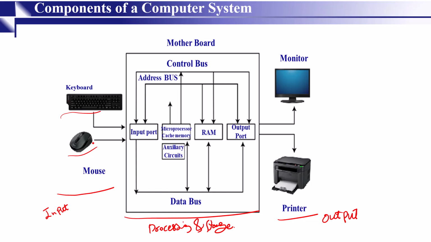Then we have processing and storage. This section includes central components responsible for executing instructions and storing data in a computer. So we have the motherboard, which may have a control bus, input ports, RAM, output port, and data bus. We have the central processing unit, considered the brain of the computer, used to process the instructions.